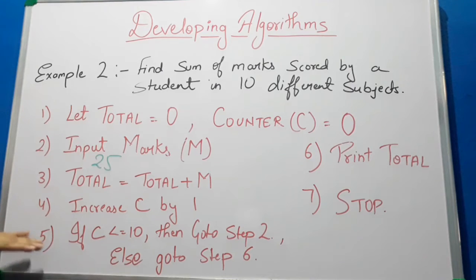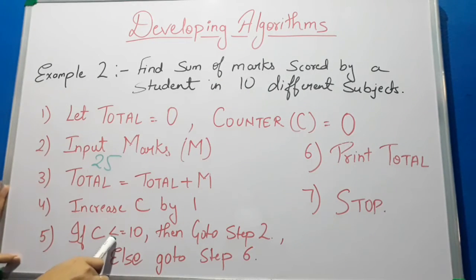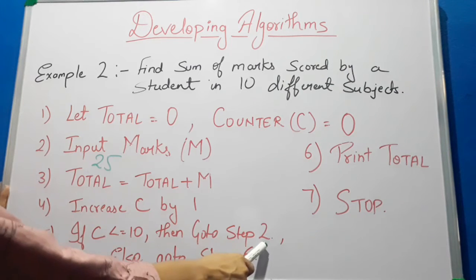Now see the fifth step. You have to check if C is less than or equal to 10, meaning C should not exceed 10. Why have we given this condition? So that only 10 different subjects' marks can be counted. So the condition is written C is less than or equal to 10, then go to step 2.